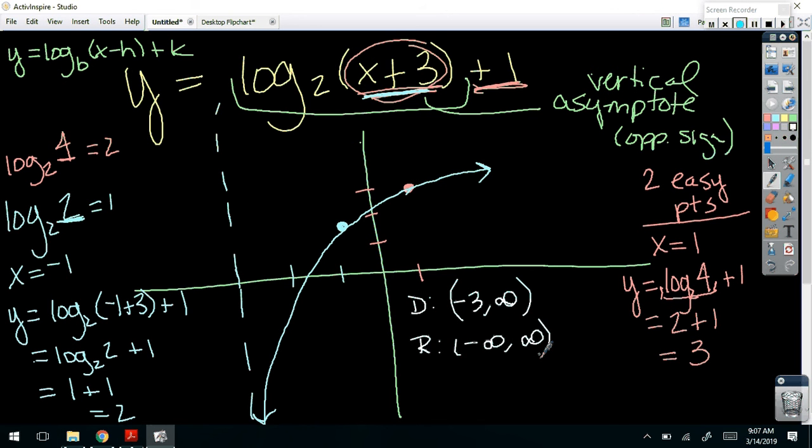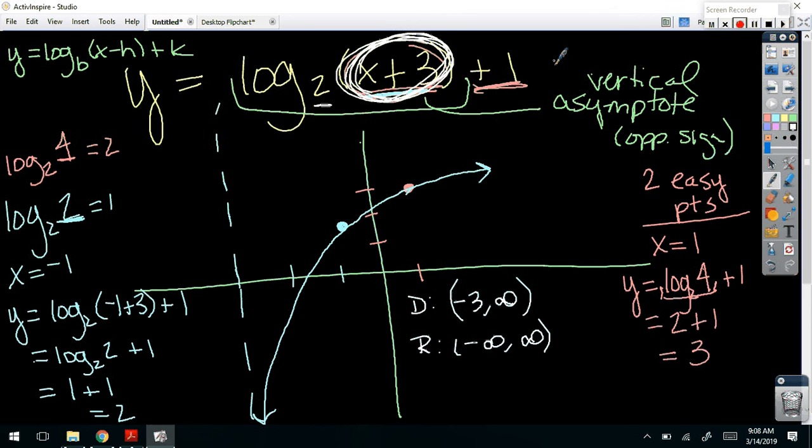Really the easiest thing to do, if you can't think, is to make this be whatever the base is, or to make this be 1. Because if you make this be 1, it's always going to equal 0. If you ever have the same base, it's always going to equal 1, so if you can force the bases to be the same.